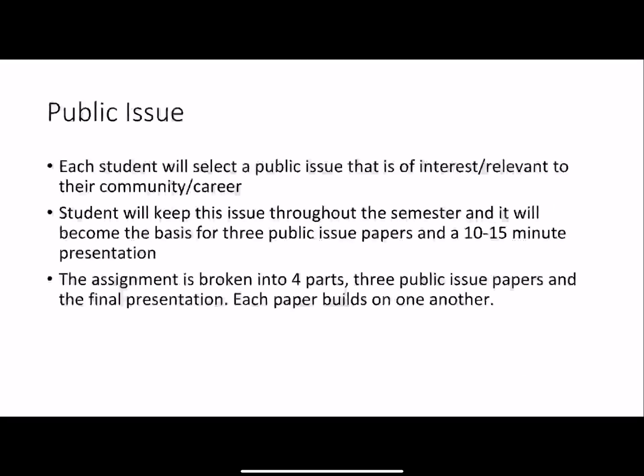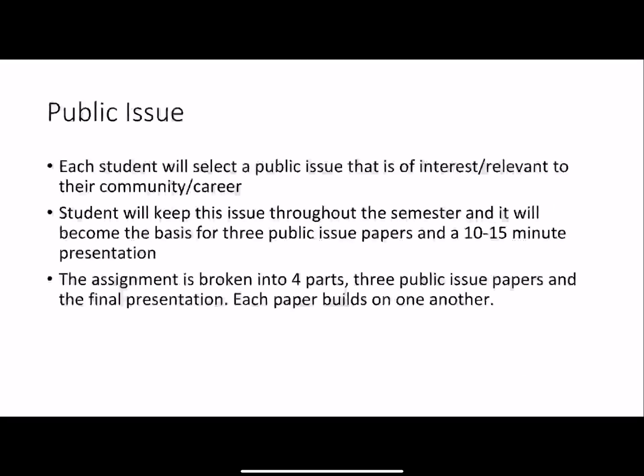So, for example, if you choose childhood poverty, all of the assignments that you complete related to the public issue will be tied to that same topic. This is a fairly large assignment, and so it's broken into several smaller parts.